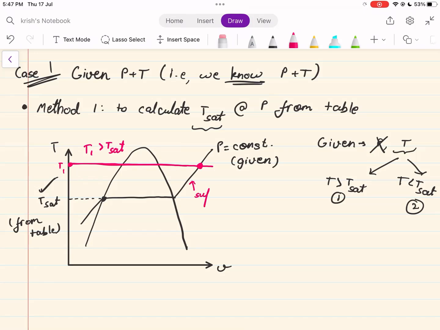We also know that this is the superheated line. Try and recall from the previous lectures, superheated line. That means it must be a superheated vapor. I hope you understood how we got this, because it is a bit complicated at first.